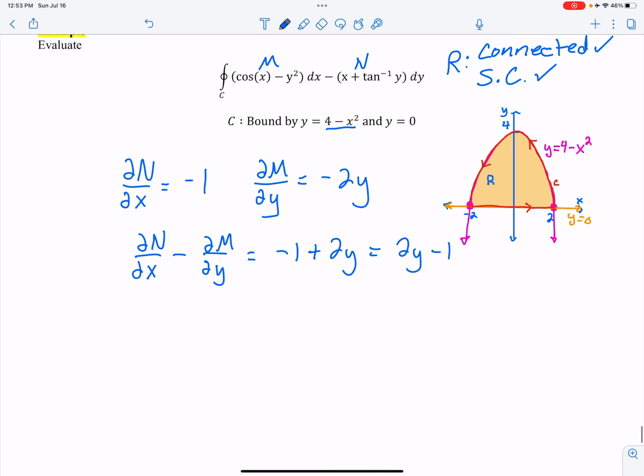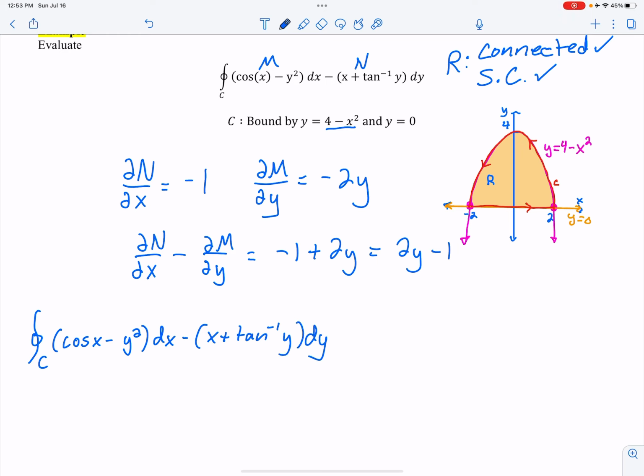So I'm going to rewrite the problem here. Cosine of x minus y squared dx minus x plus inverse tan of y dy. I'm glad we don't even have to touch that thing. This becomes the double integral over R of 2y minus 1 dA. Right, so I can now make this the double integral. If I go up here, y looks easier to bound with functions than x.